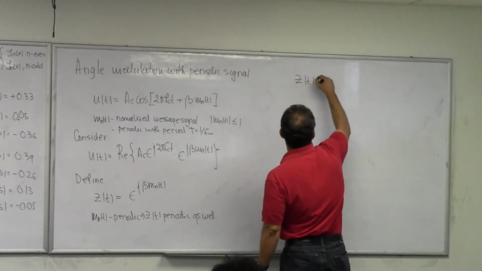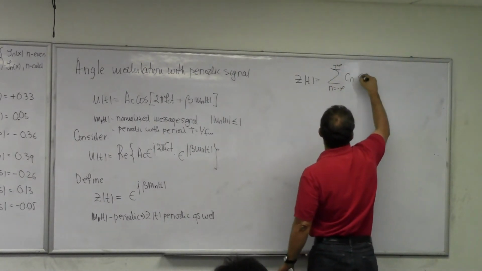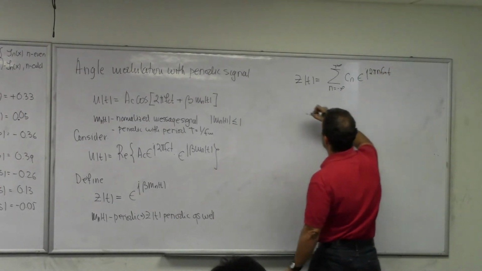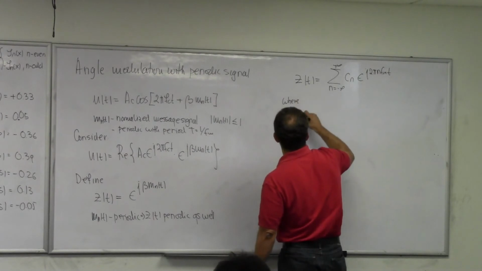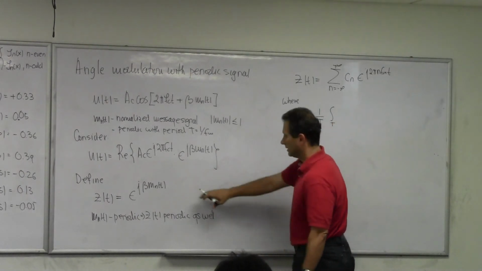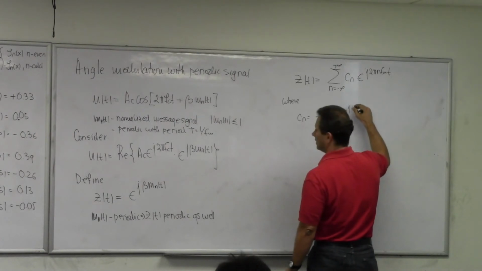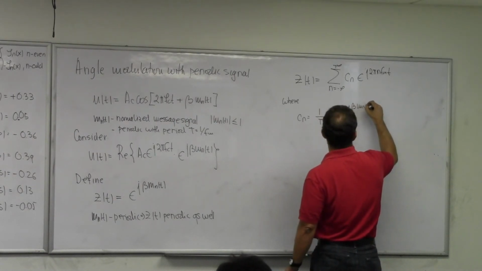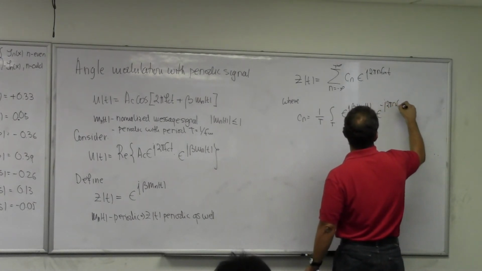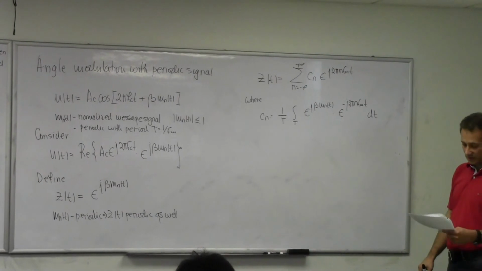So z of t can be written as the sum, when n goes from minus infinity to plus infinity, of Cn e to the j 2 pi n fm t, where the Cn coefficients are going to be calculated as 1 over T, integral over T of z of t, which is e to the j beta mn of t, times e to the minus j 2 pi n fm t dt. So these are the coefficients of the Fourier series expansion.